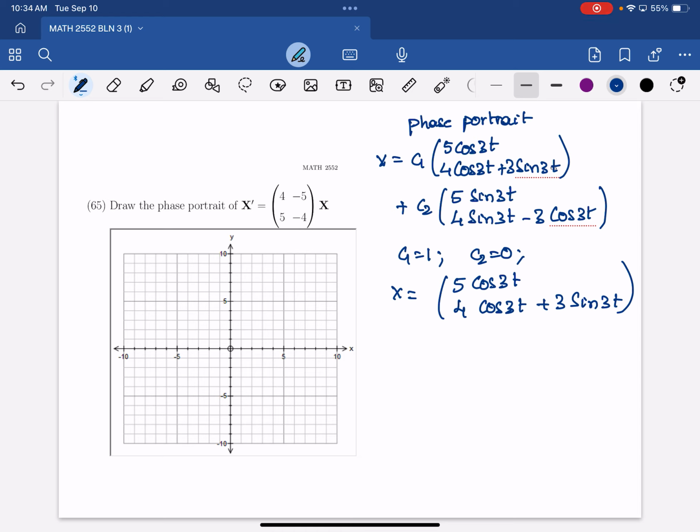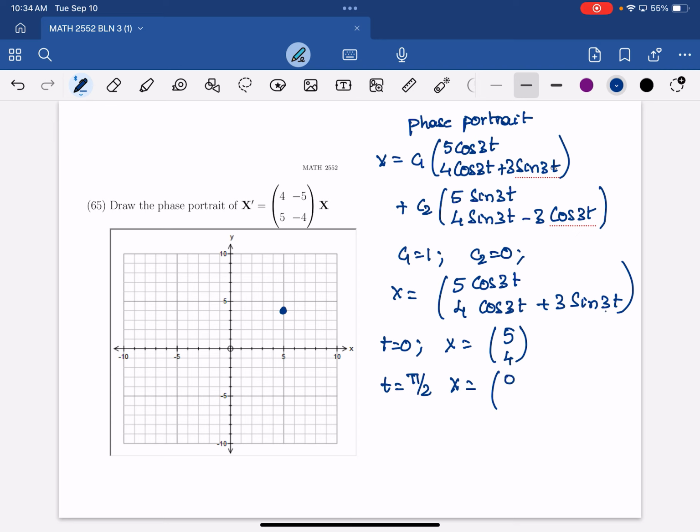Yes? Then obviously, as you know now, I'm going to put t equals 0. So my solution vector is going to be (5, 4). So that's somewhere there. The terminal point of the vector is right there, right? And when t equals pi over 2, my solution vector is 5 cosine 3 pi over 2, that's a 0 there.